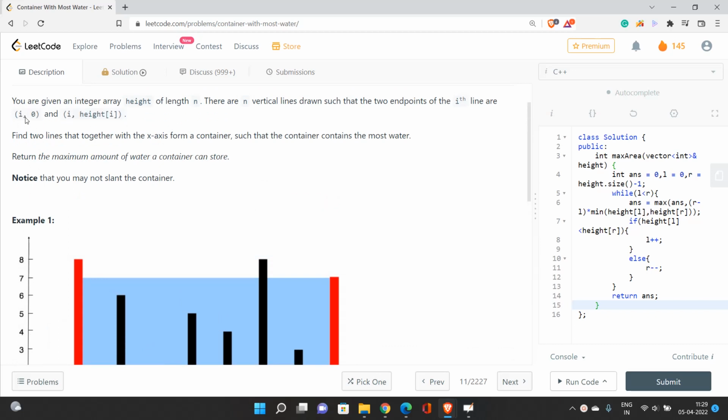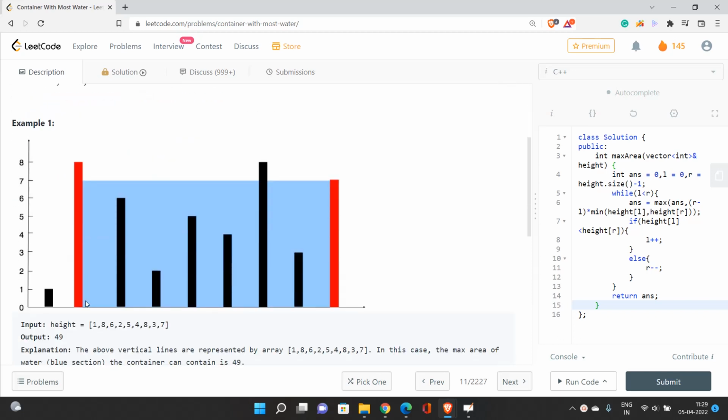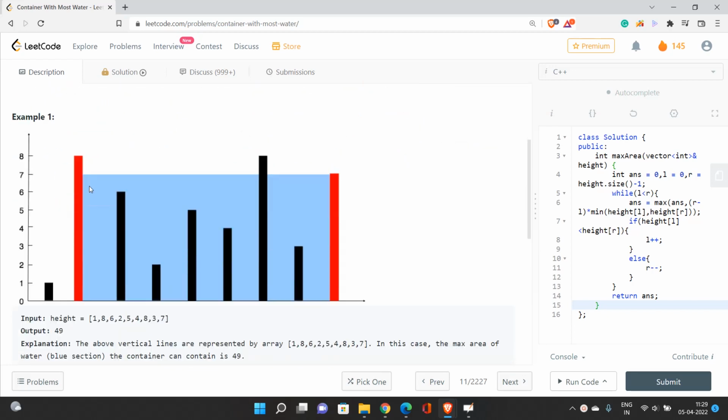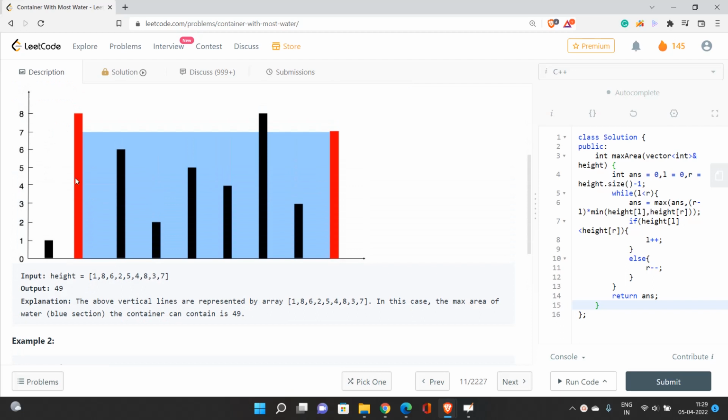The lower end of the bar is at (i, 0), where i is 1 for the second vertical bar, so the lower end is (1, 0) and the upper end is (i, height[i]), which is the height of the bar. So for the second bar, the lower end is (1, 0) and the upper end is (1, 8).